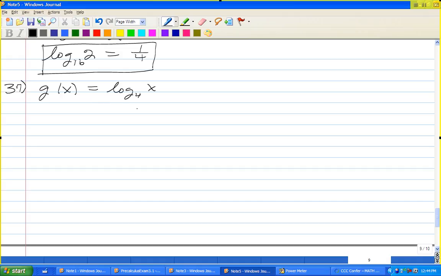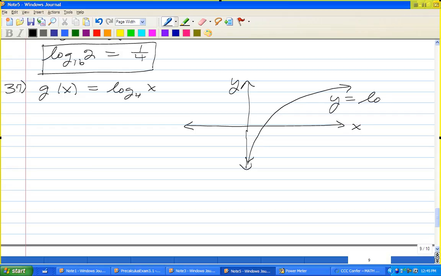So let's do that. The base is greater than 1, so it looks something like this. This is the graph of y equaling log base 4 of x.